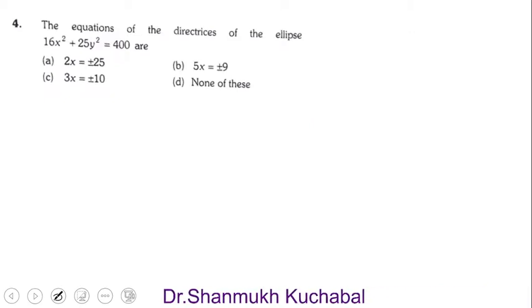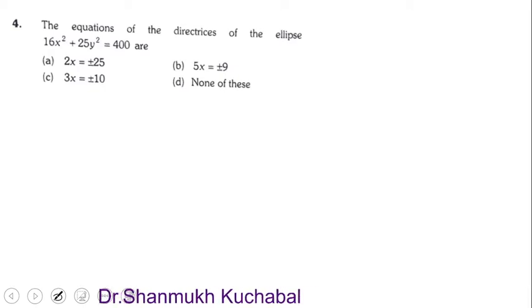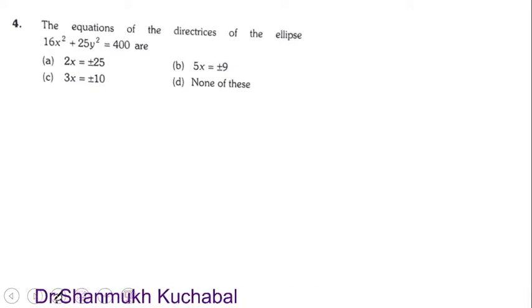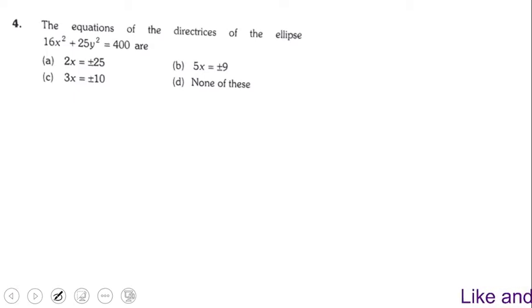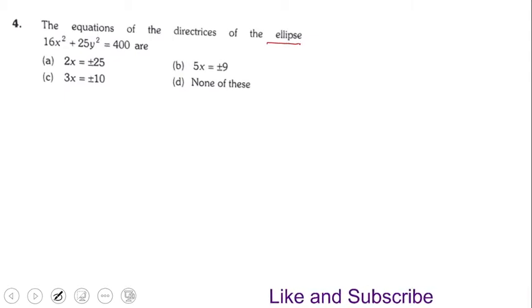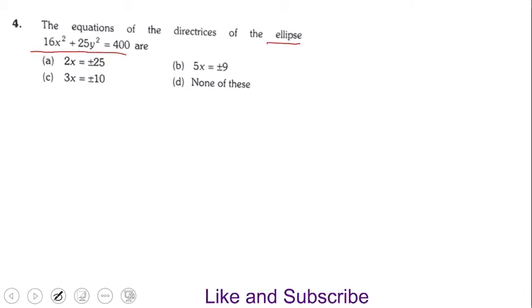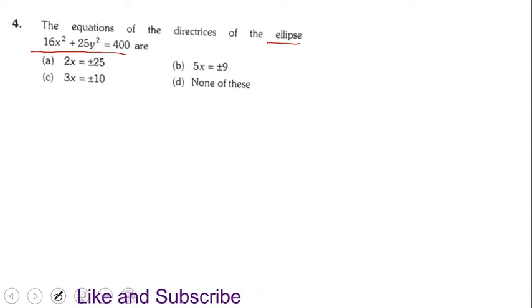The question is, find the equation of the directrix of the ellipse given by 16x square plus 25y square equal to 400. We have to find the equation of the directrix, and the given geometry is an ellipse. From the given equation, we have observed that in an ellipse the RHS is 1.